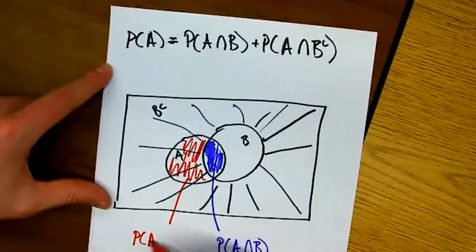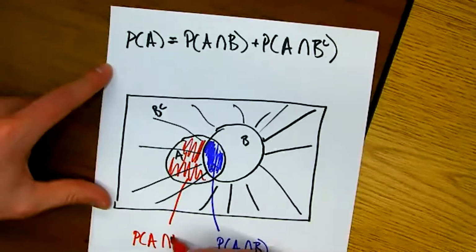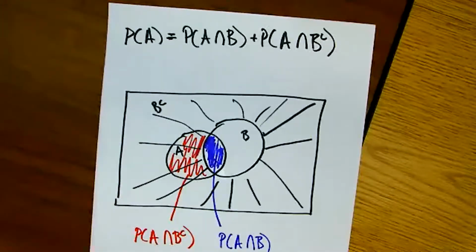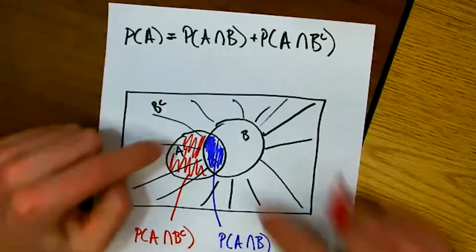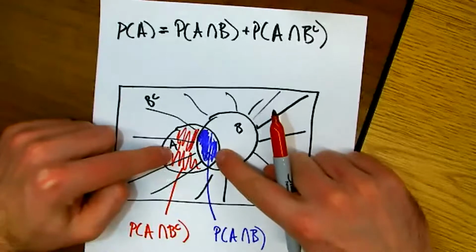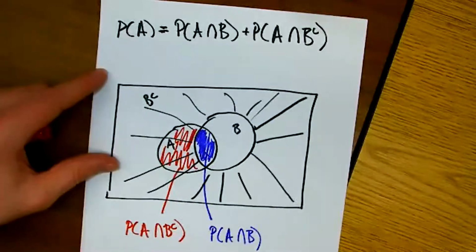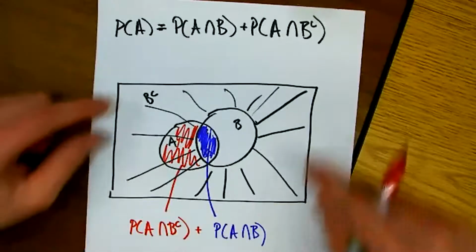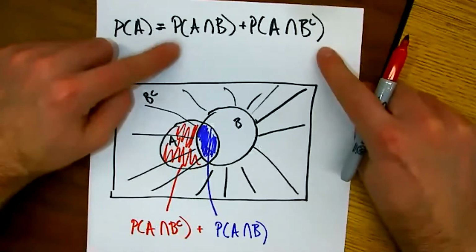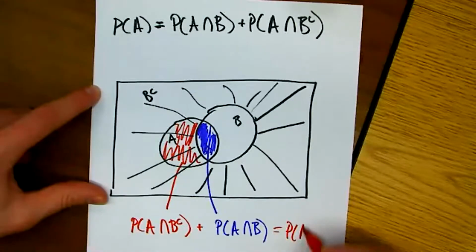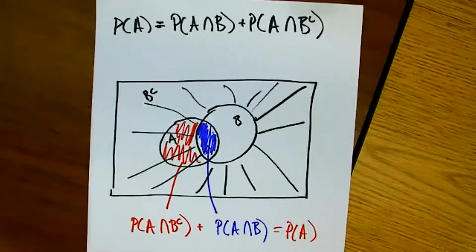That's the probability that I'm in A, and I'm also in that black shaded area, which represented B complement. If I add these two components up, that would give me all of circle A. That's exactly what I was saying with the contingency table. These two things should add up to the probability of A. Okay?